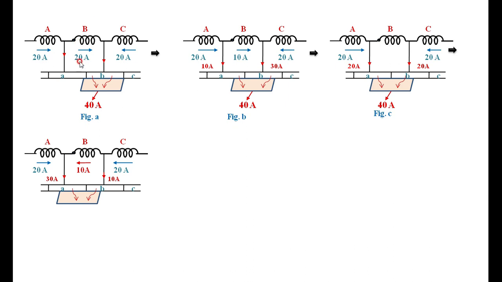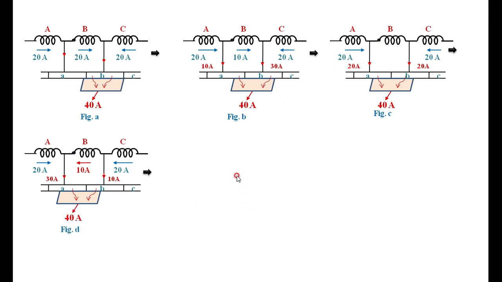Previously it was in the clockwise direction; now it has changed its direction. It is under commutation, so it has changed from clockwise to anti-clockwise. The total current collected by commutator segment A is 20 plus 10, that is 30 amperes, and from B it is 10 amperes, so the total is 40 amperes.